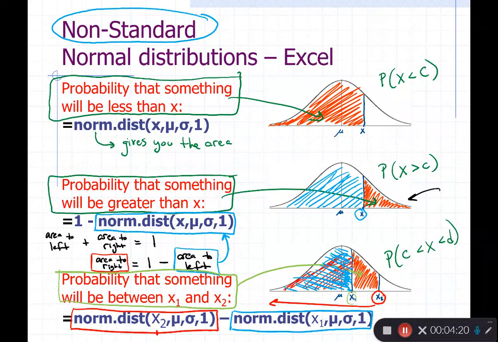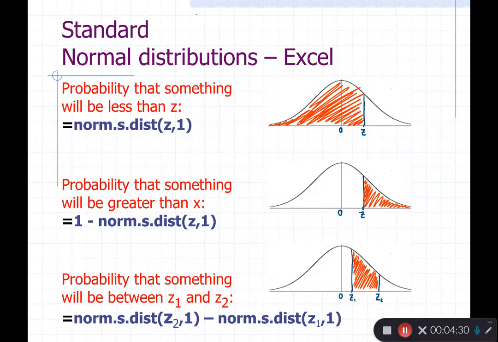It's always 0, and has the same standard deviation. It's always 1. So you'll see two differences in the formula. You'll see an S. The dot S is for standard. And you'll see no mention of the mean and no mention of the standard deviation.